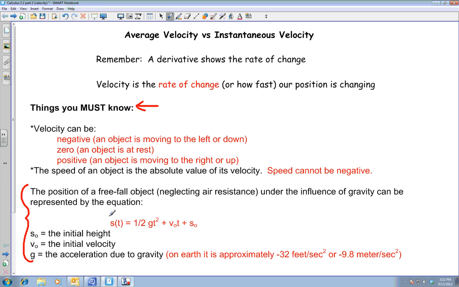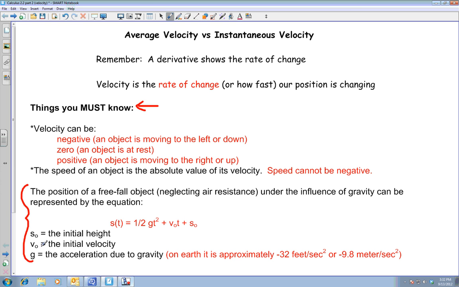I know it seems weird, but s always stands for position. They don't usually use a p for position, they usually use s. So anytime you see s, they're talking about your position. It is s equals 1/2 g t squared plus v sub 0 t plus s sub 0.